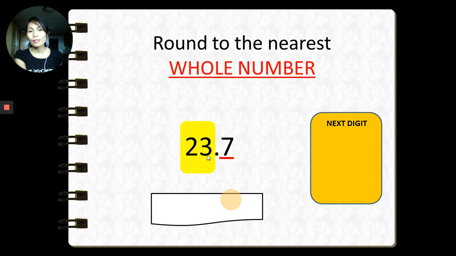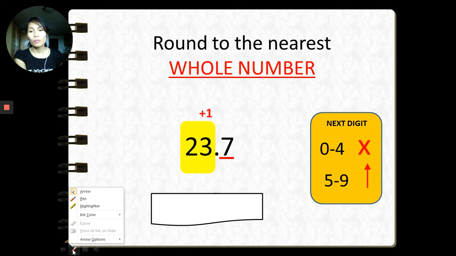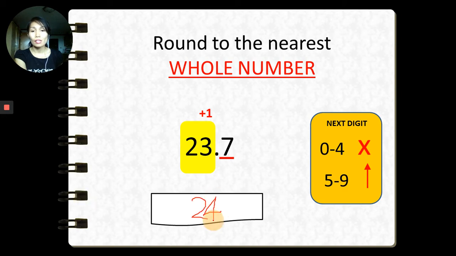And that means 5 and above, you should add 1, right? You see, 5, 6, 7, 8, 9. We have to add 1. So 23 becomes 24. So 23.7 is closer to 24. That's why we rounded it up, because it's more than half. 7 is more than 5.